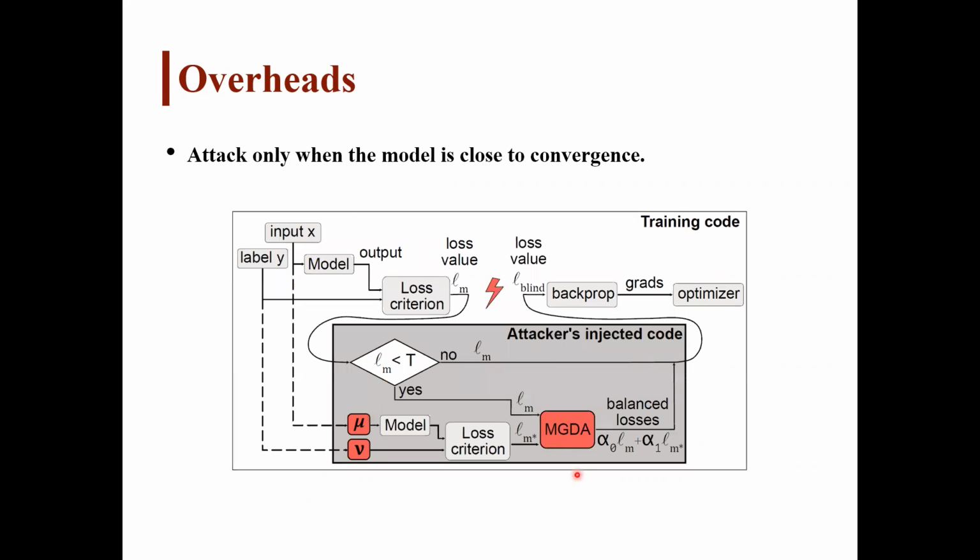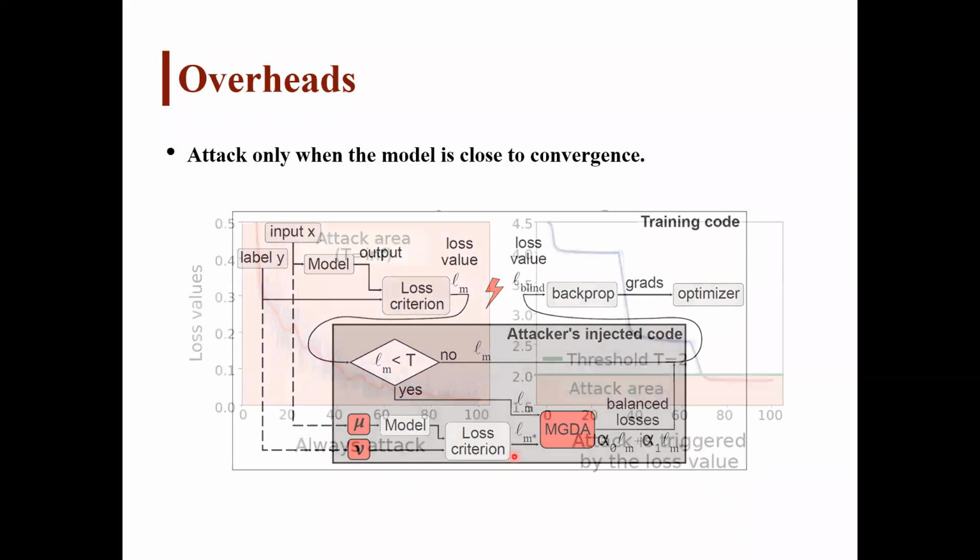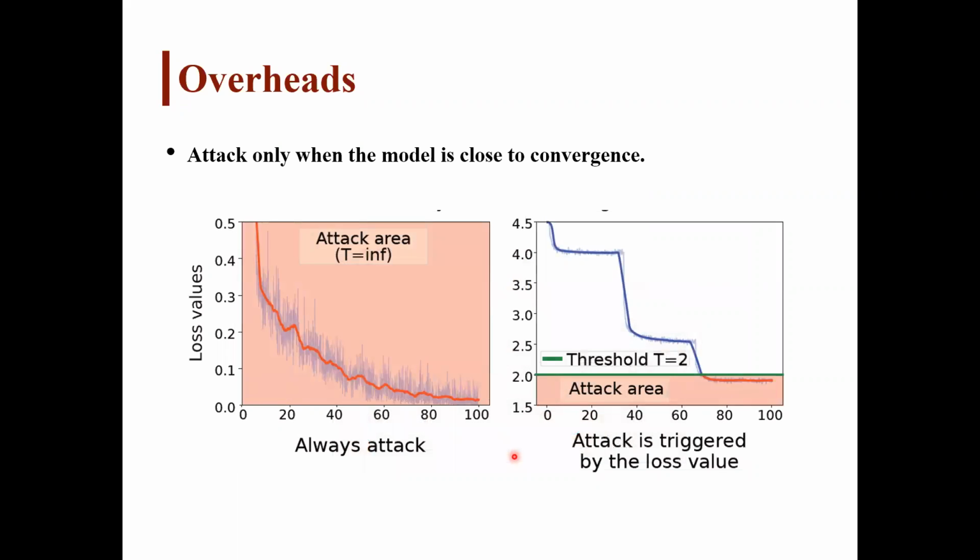That is why in the injecting process they compare the loss function with a certain value, to control that the backdoor loss is only calculated when the original task is nearly converged. This reduces the computational time, rather than always doing the backdoor attack during training.